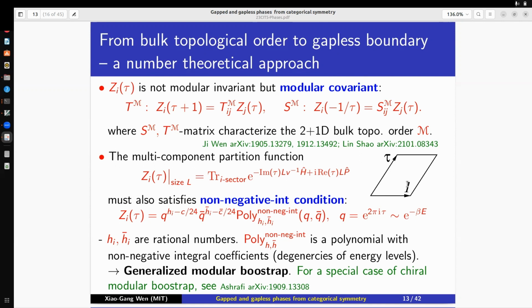The energy levels are multiples of 1 over L, so it's n times 1 over L. For that energy level, the contribution would be q to the nth power. You're assuming non-chiral? Yes, this is non-chiral. It's a little bit tricky, but anyway, at least for conformal field theory, in all the examples we know, this partition function has the following thing.